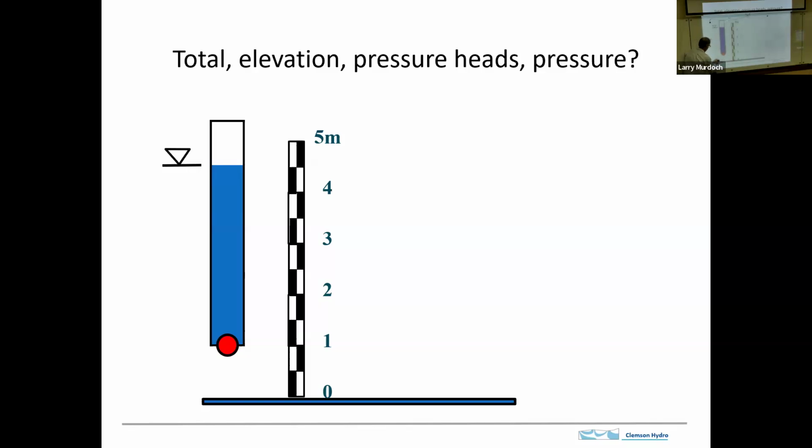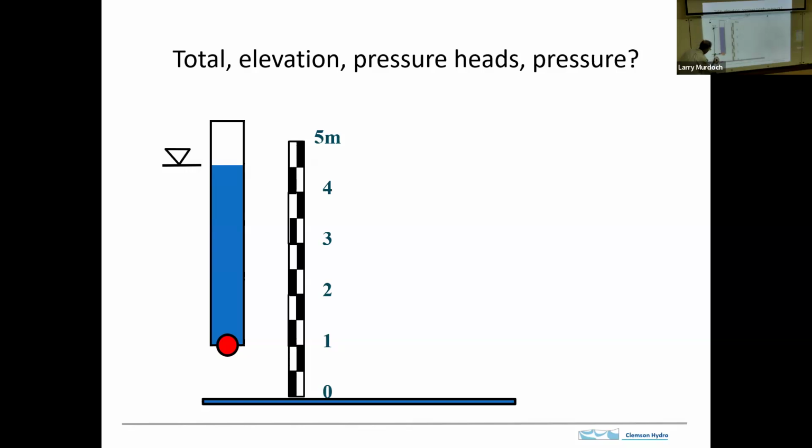The total hydraulic head right here is going to be measured up to that surface. Remember, the total hydraulic head in here is the same everywhere. So if we go up here, this is the total hydraulic head.